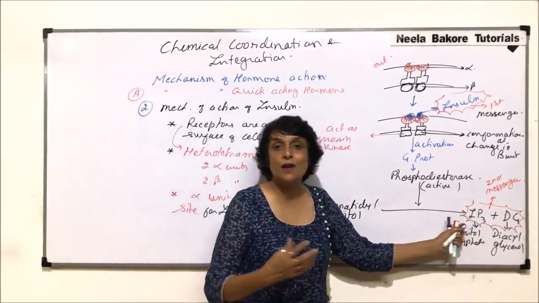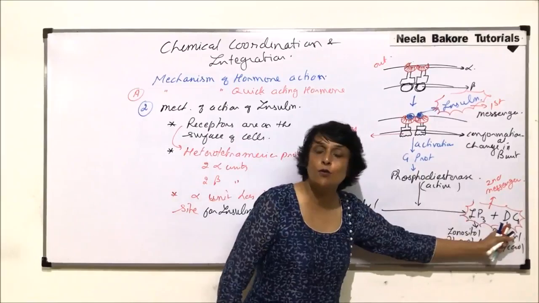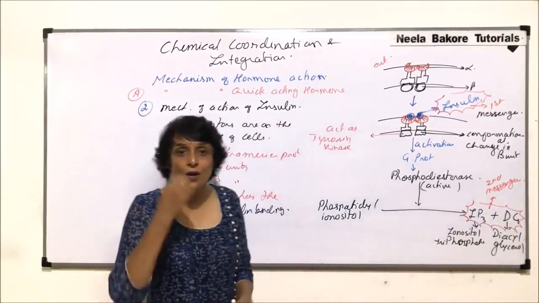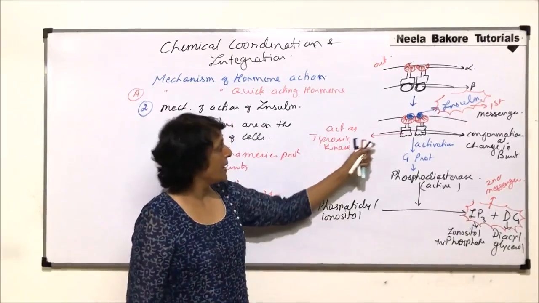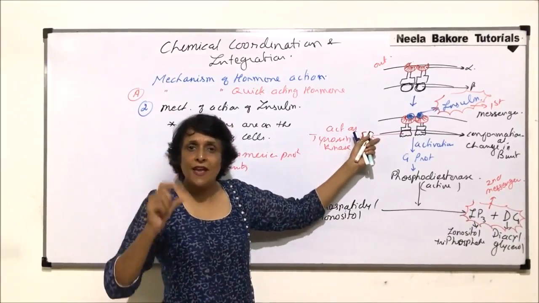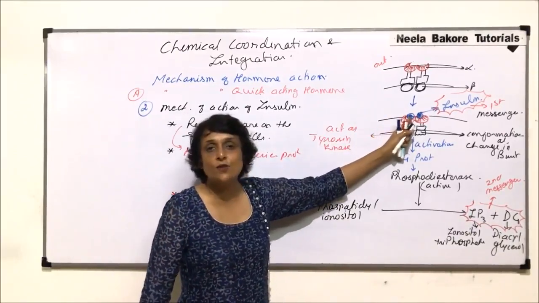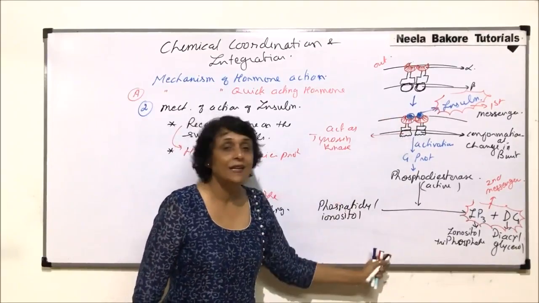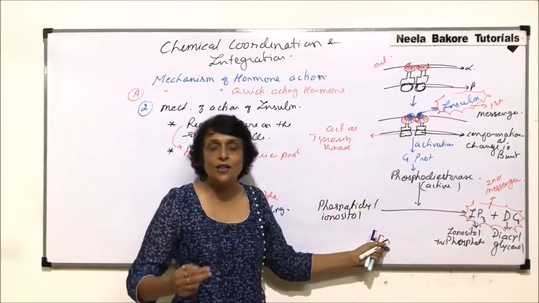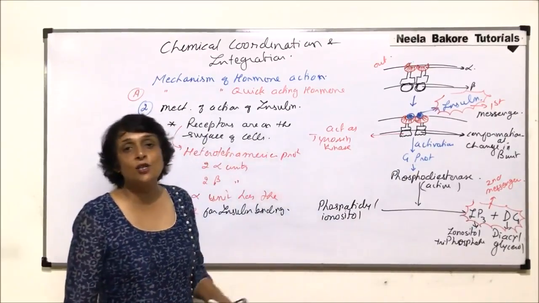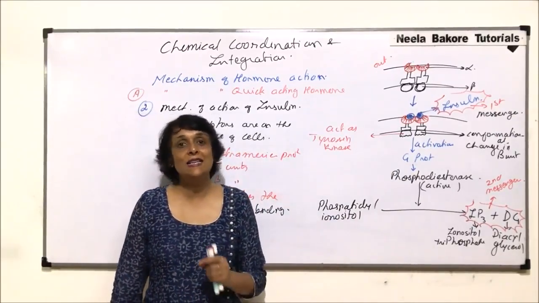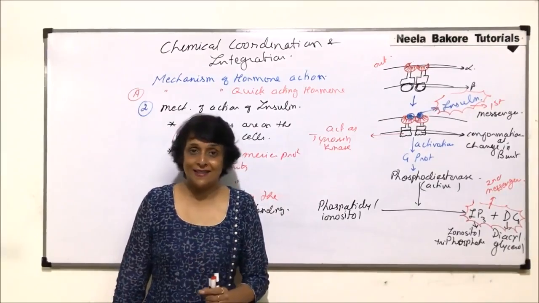So this is going to bring about many reactions, and that's how the action of insulin is going to get triggered. And this is very quick. As soon as insulin binds to the receptor, these reactions get triggered very quickly, and within minutes, the action of the hormone is seen on the target cells.